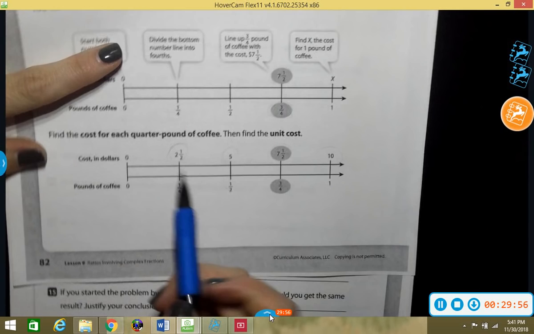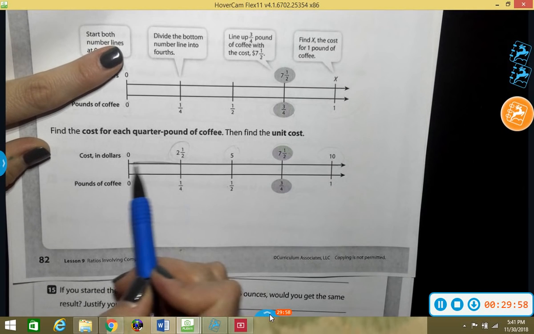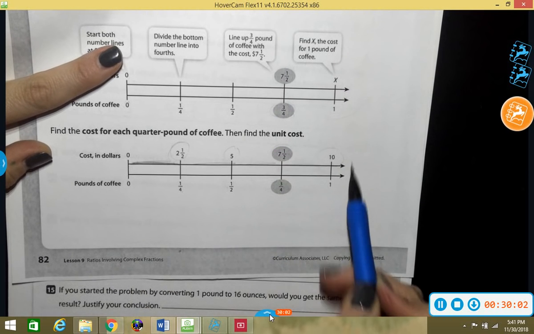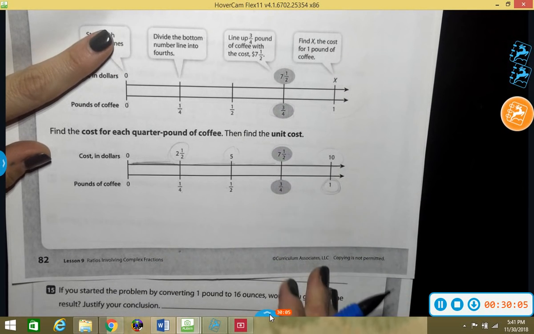They showed you, okay, well, each section here is 2.5, so you need 4 of them. 1, 2, 3, 4 to make it to 1 pound.